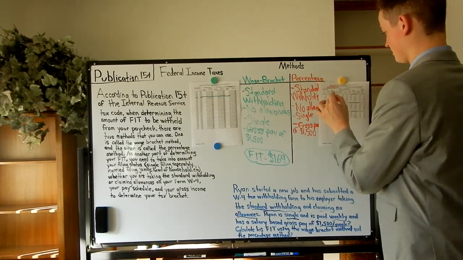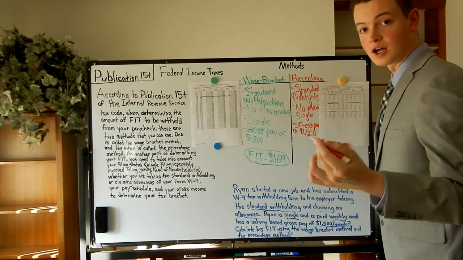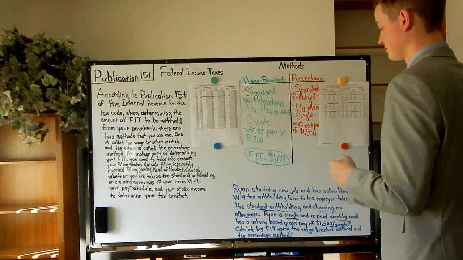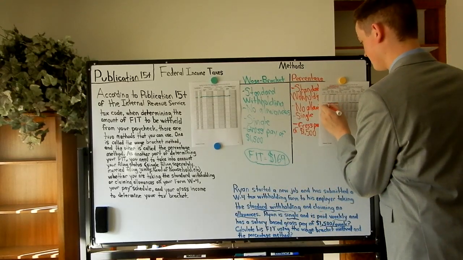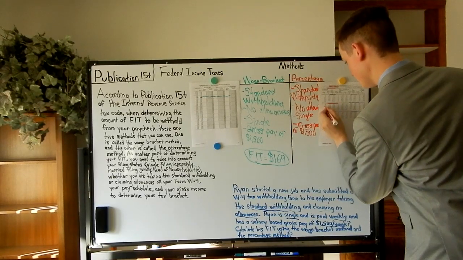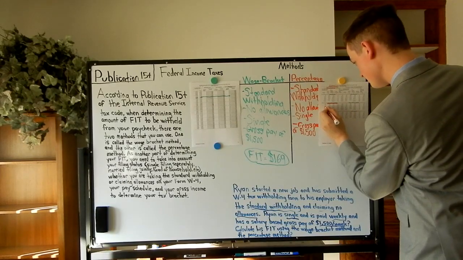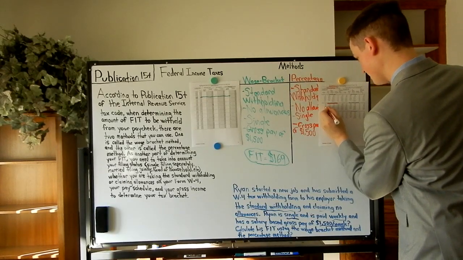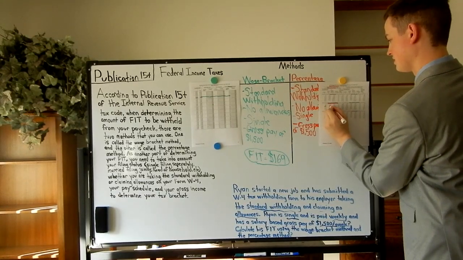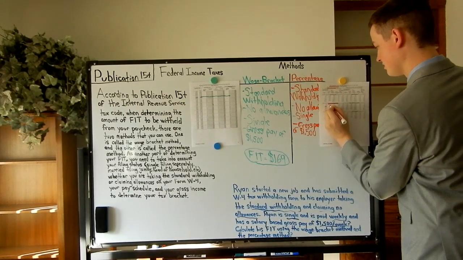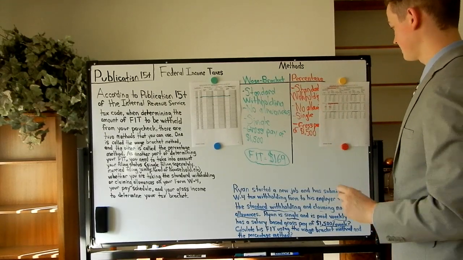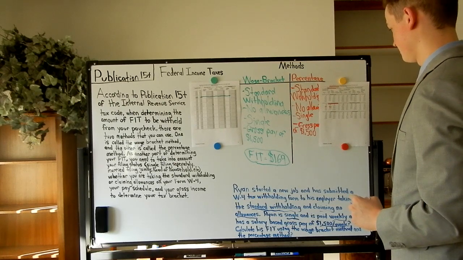Now, let's find our wage category. So we have at least $1,221, but it is less than $2,276.